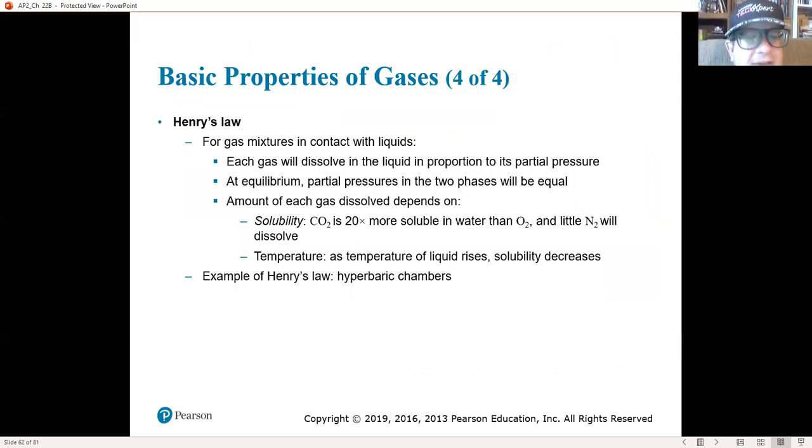So Henry's law: for every gas mixture that's touching a liquid, each gas dissolves in proportion to its partial pressure. What that means is that since the bulk of air is nitrogen, nitrogen dissolves pretty well into the liquid, into your blood. And at equilibrium, they'll be about the same.